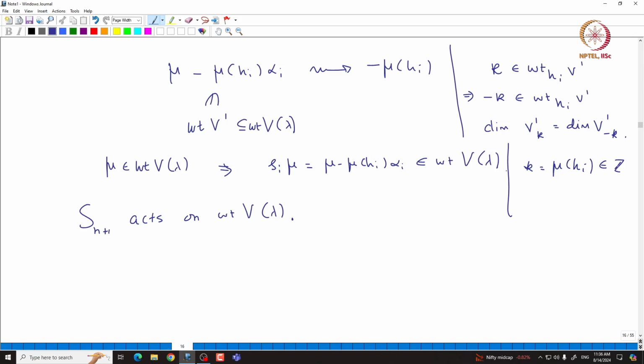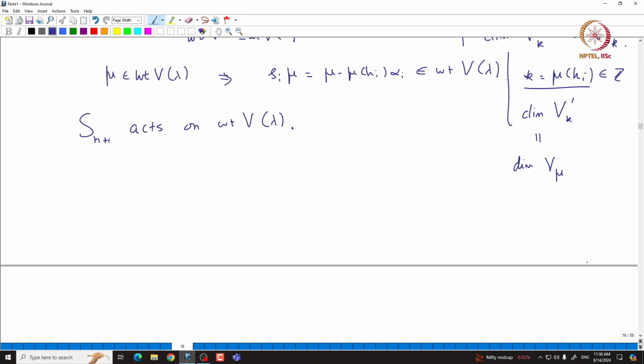This is just an integer, but for any integer we know that whenever k is there, minus k is there, and then the V dash k dimension should match with V dash minus k. Since this holds for SL2 representations, you can easily see that for k equal to mu of HI, we have the dimension of V dash k is the same as the dimension of V mu, which is equal to the dimension of V dash minus k, which is the same as the dimension of V S_i of mu.